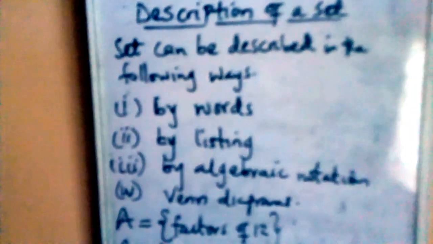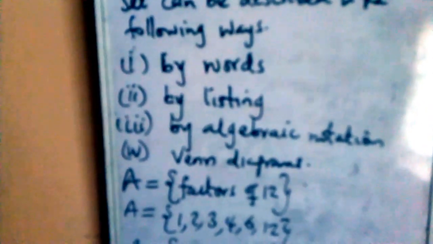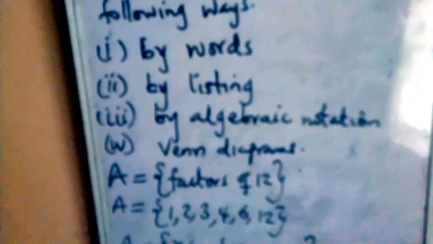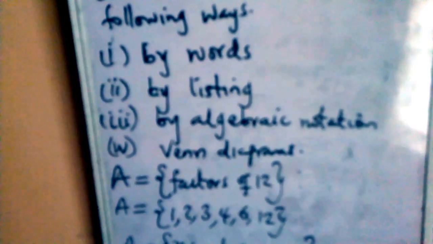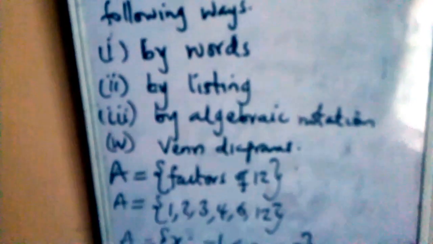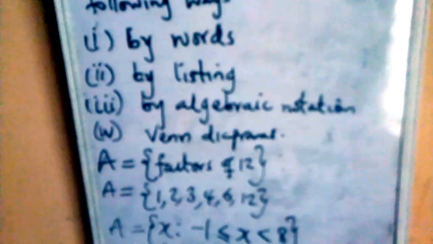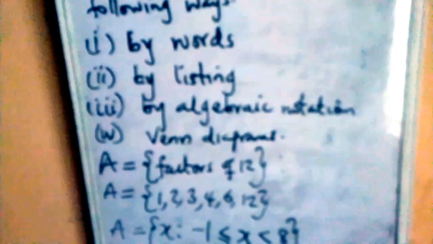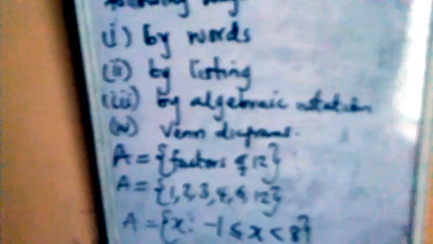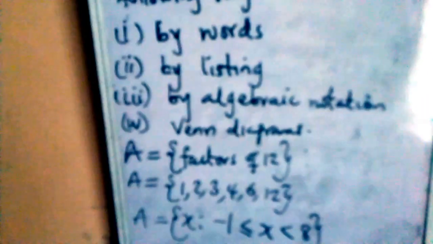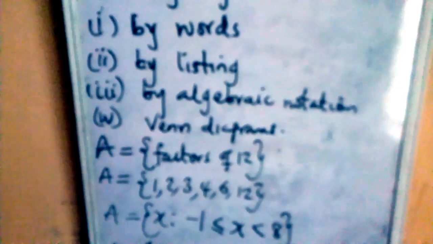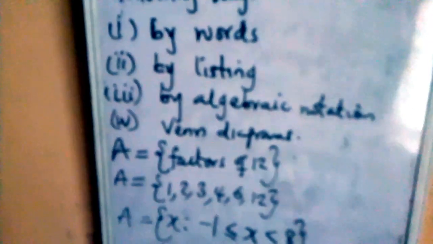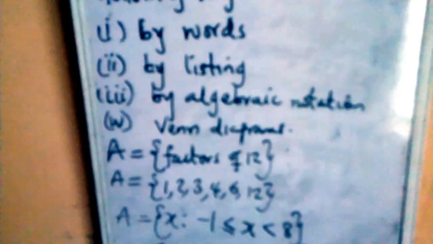For example, if you look at this set A here, that is described by factors of 12. That is an example of a word statement. This word statement just uses words to describe the set. So the set A is the set of factors of 12.